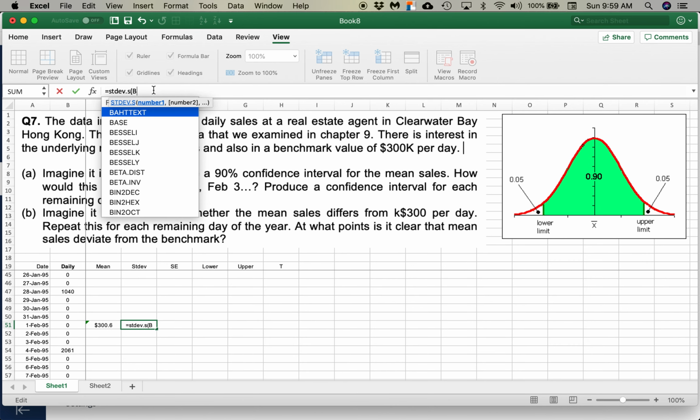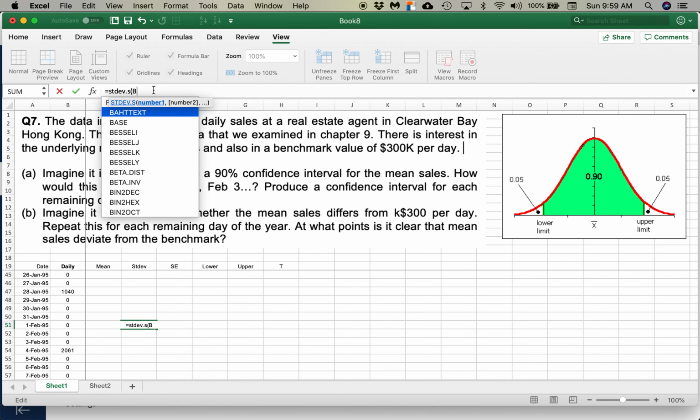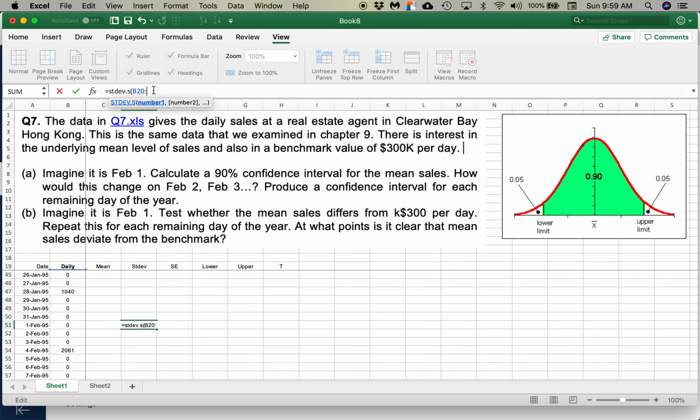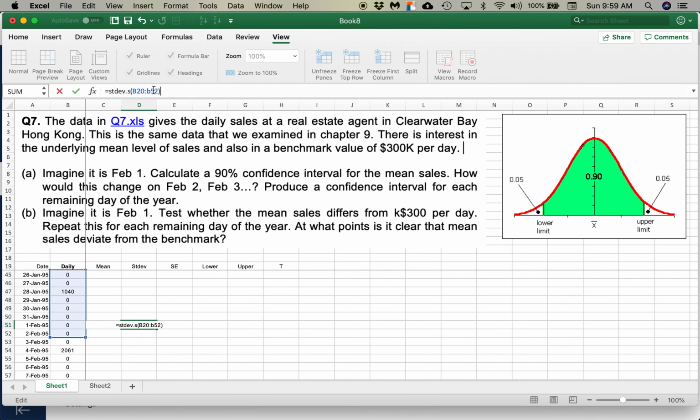So you say B20 colon to B52, close parenthesis, and then go back and put a $ sign in front of the 20.